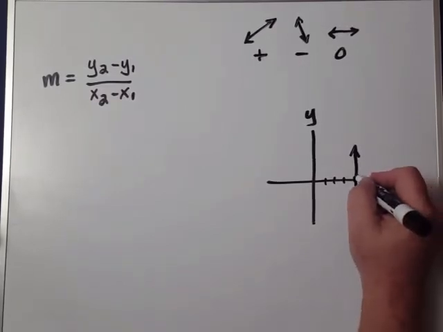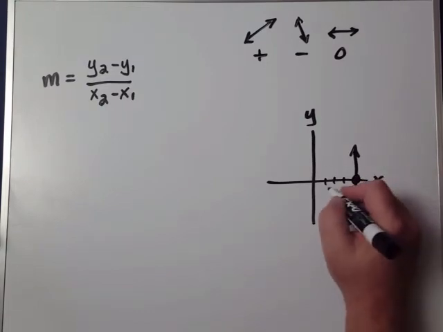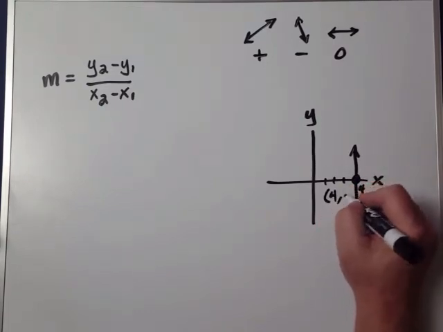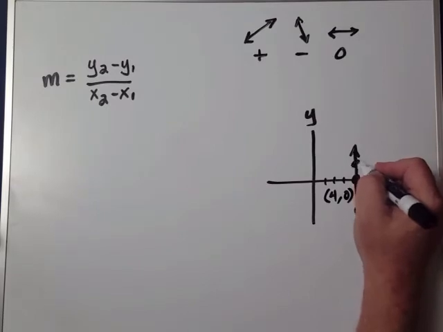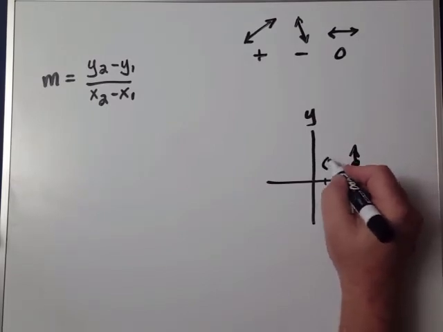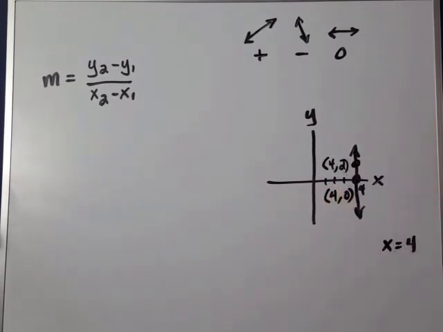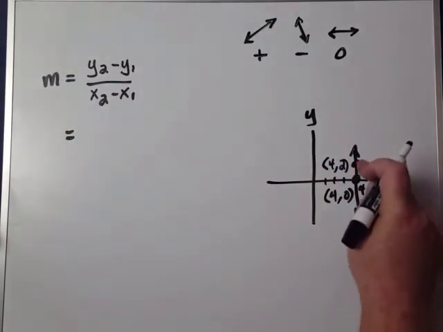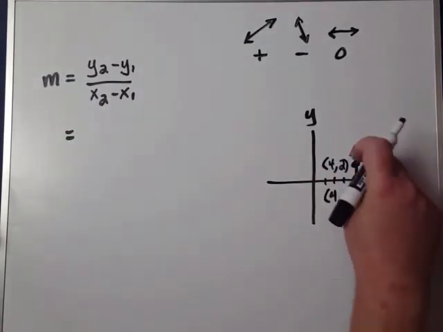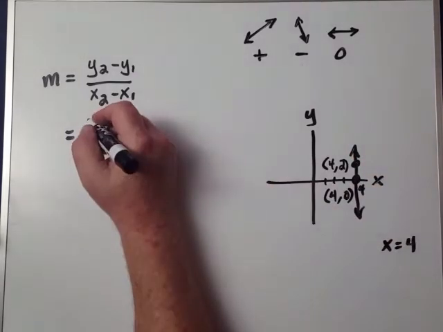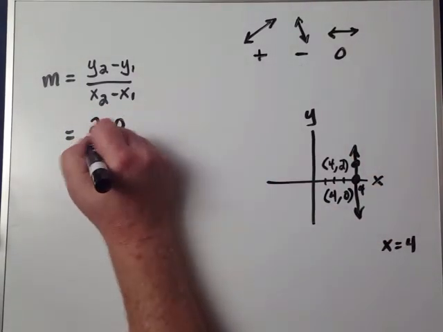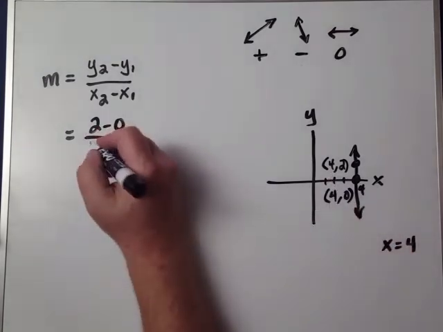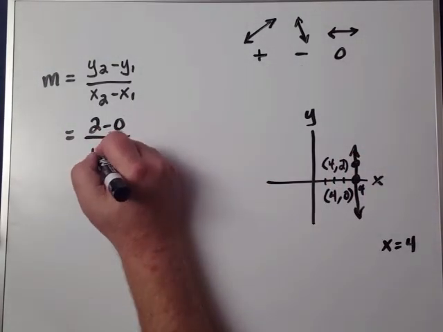If we grab a couple points, say right here, the point 4, 0, and some other point, maybe here at 4, 2, then the difference in the y's, let's go top minus bottom, 2 minus 0, over the difference in the x's, 4 minus 4.